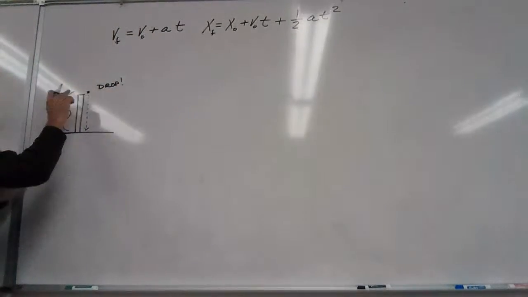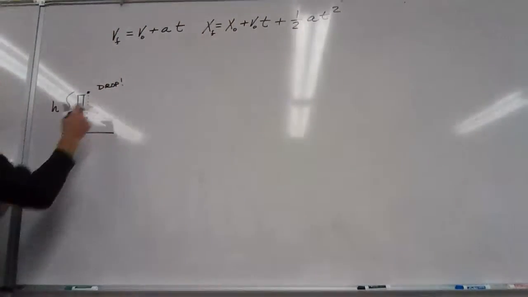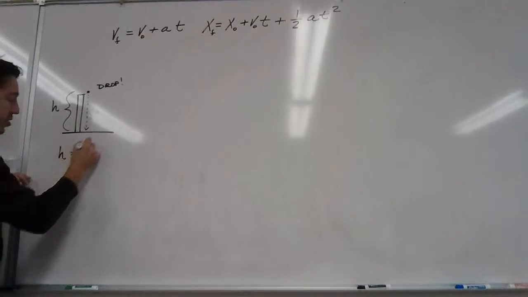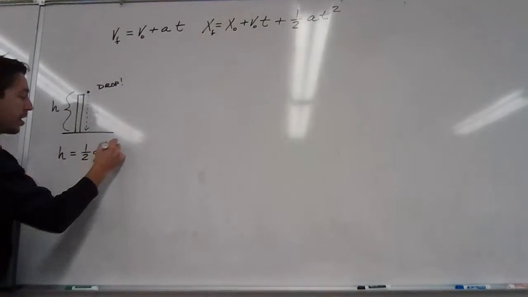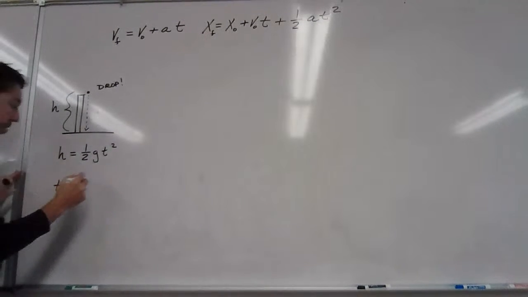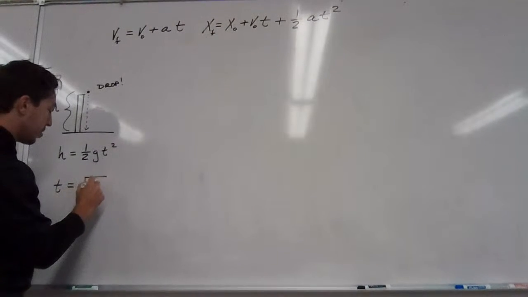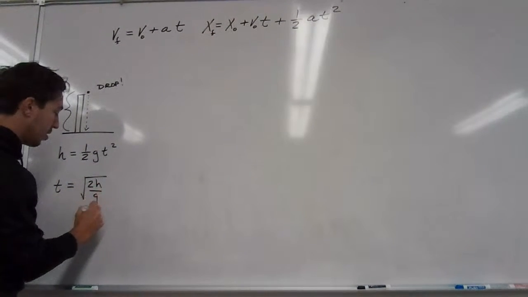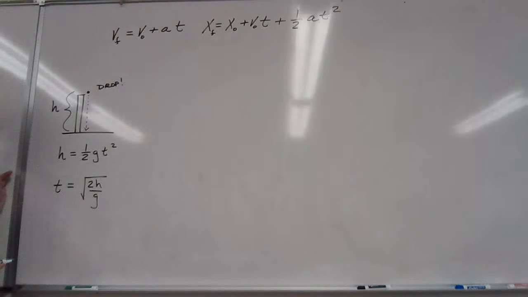So what we talked about was, this formula for this problem tells me that h is 1/2 gt squared, which means the time it takes to hit the ground is the square root of 2h over g, right?